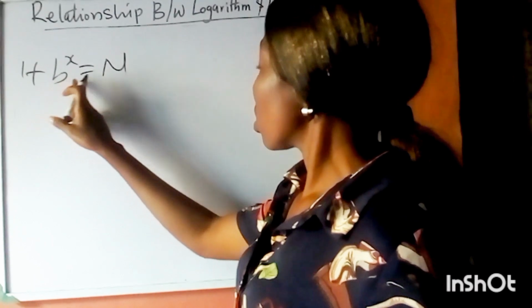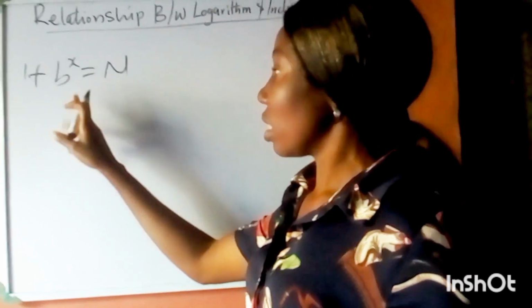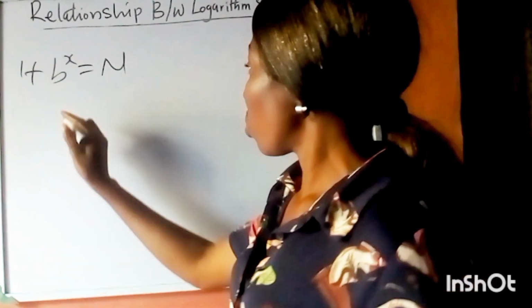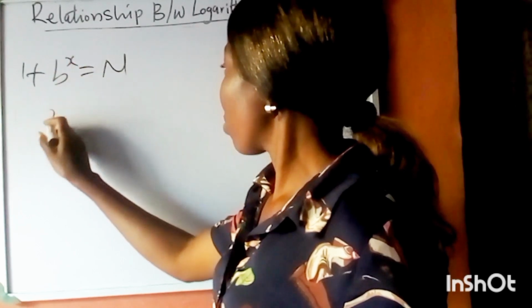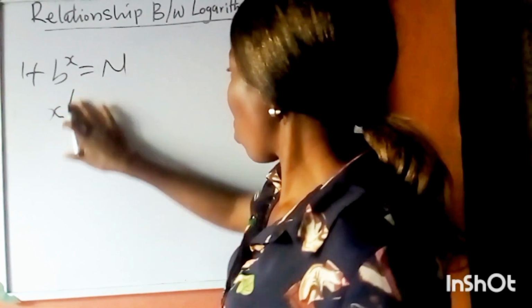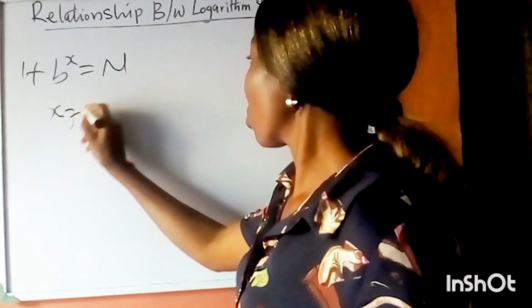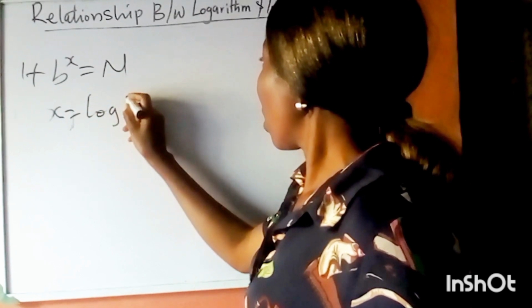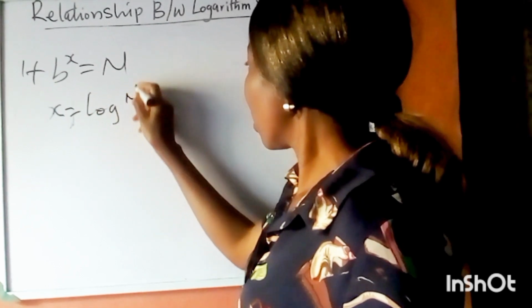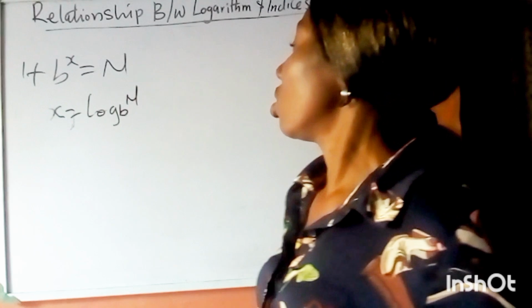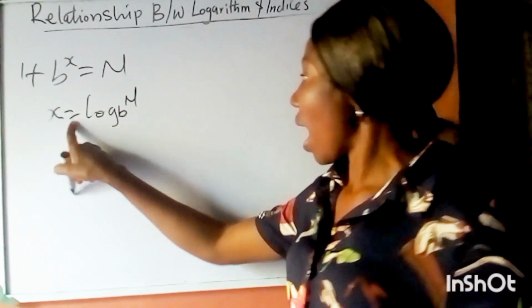So if this is given in indices, how do we apply it? We have that this s will come down, s equals log n in base b. So this is what we have as a log.